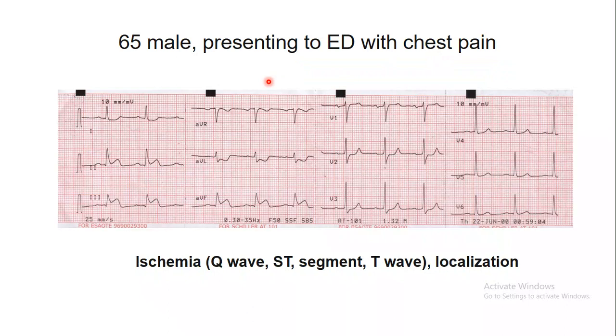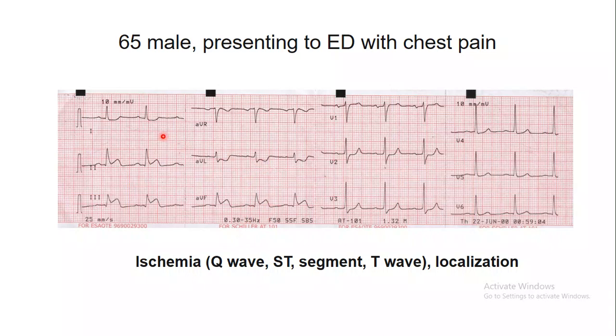Now we have a 65-year-old male patient presenting to the emergency department also with chest pain, again with the rapid protocol, looking for any pathological Q wave. We don't have. Then the ST segment: we have ST segment elevation here in lead 2, lead 3 and aVF, and we have what is called reciprocal depression on the opposite leads, lead 1 and aVL.